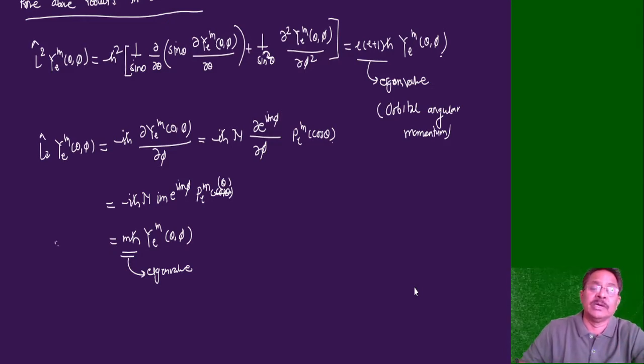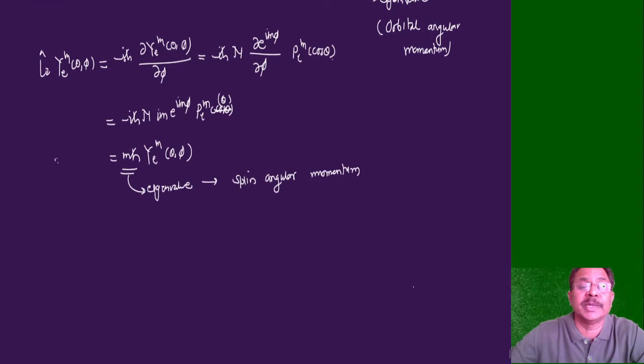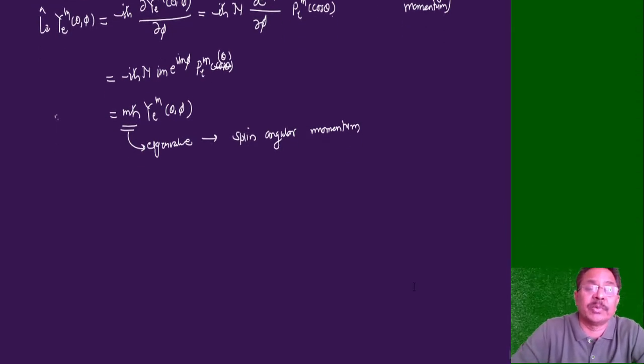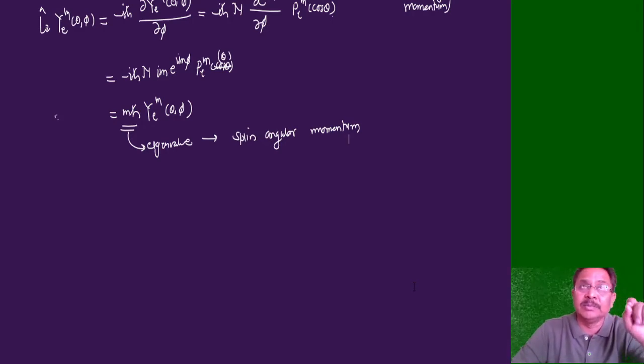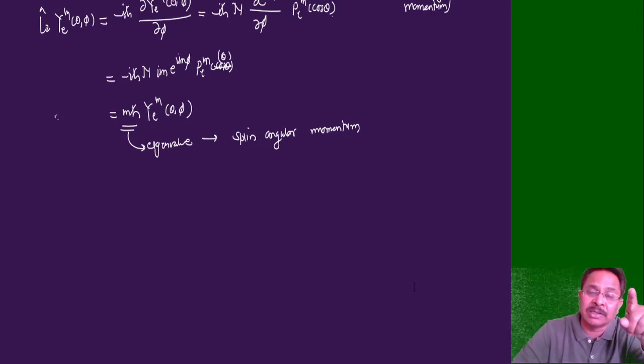And similarly here, this is the spin angular momentum. That is what we get when we operate this Lz quantum mechanical operator on the spherical harmonics. After this operation, we get an eigenvalue, which is going to be the spin angular momentum, and out of that m is nothing but the spin angular quantum number, whereas l is the orbital angular quantum number.